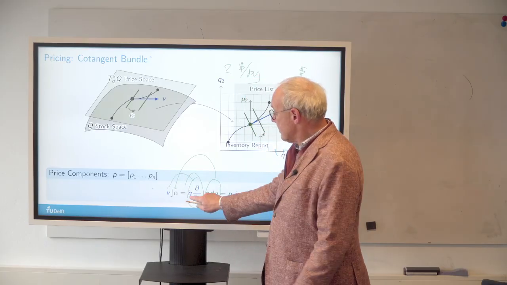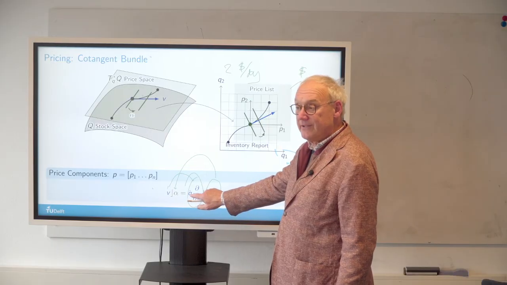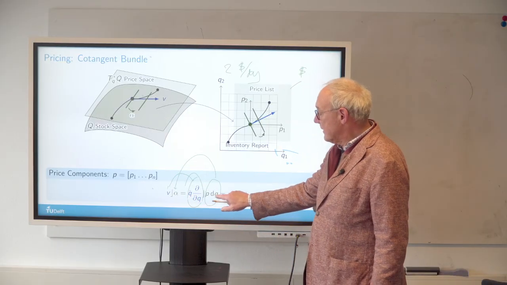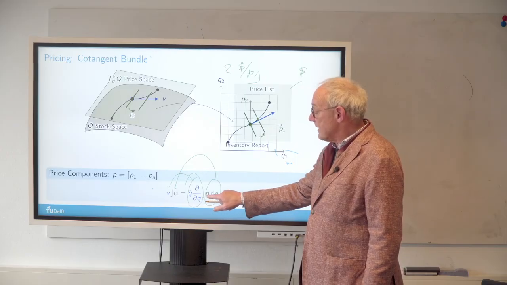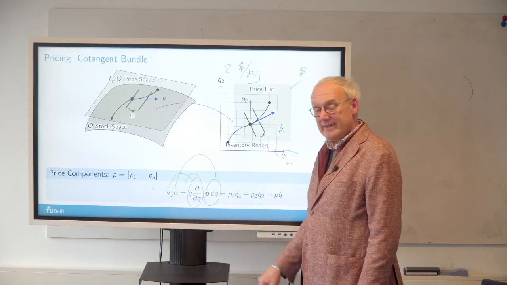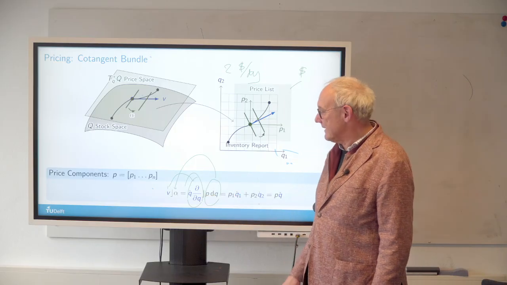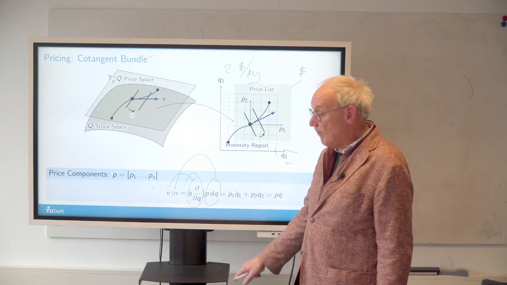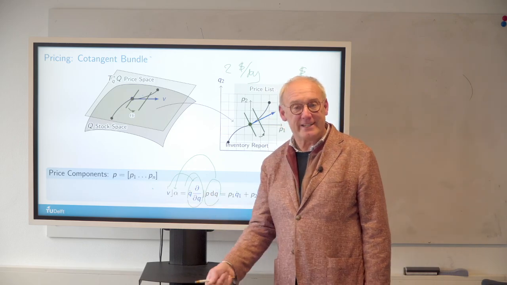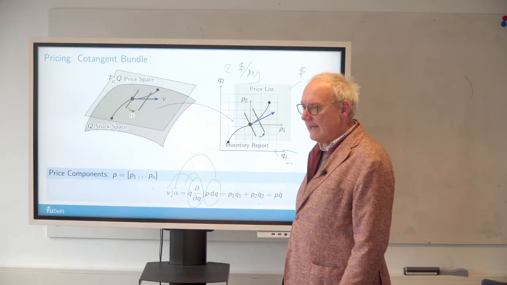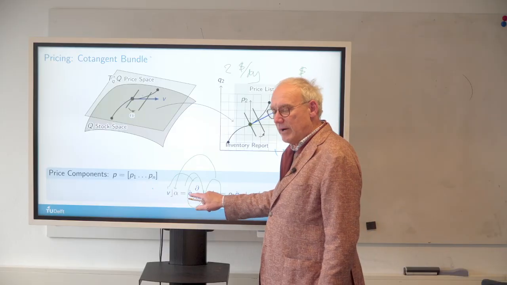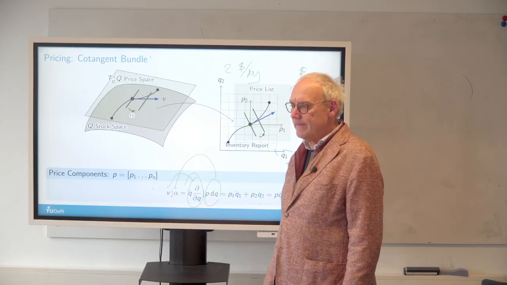So this vector has in the q direction a rate q dot, and in the q level direction, it has a price p. This alpha, that's the component of the price gradient. That's what we're going to call P. That's a number, okay? Just like Q dot is the component of this vector, okay?